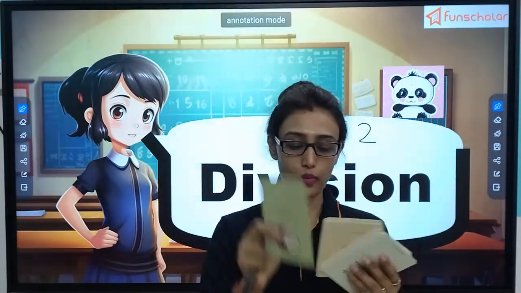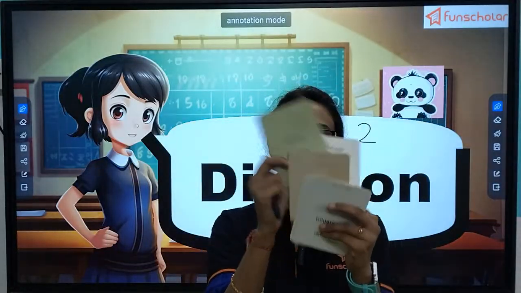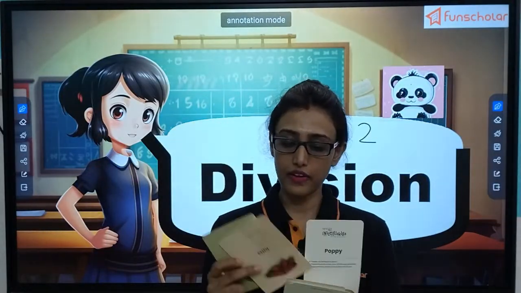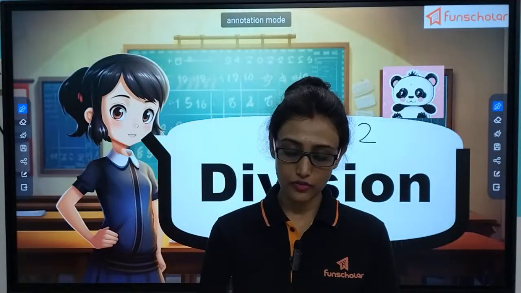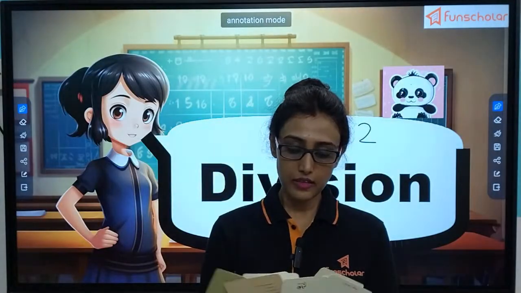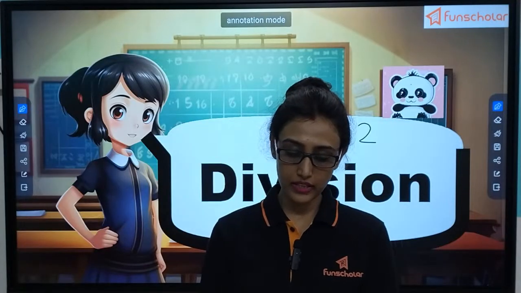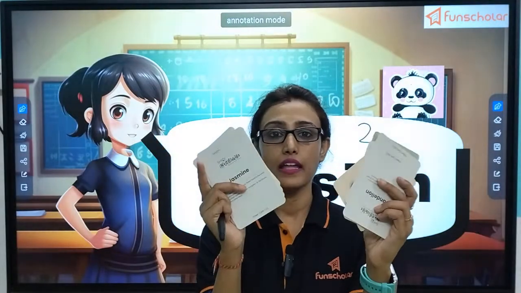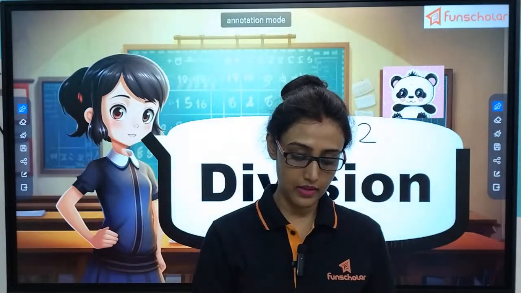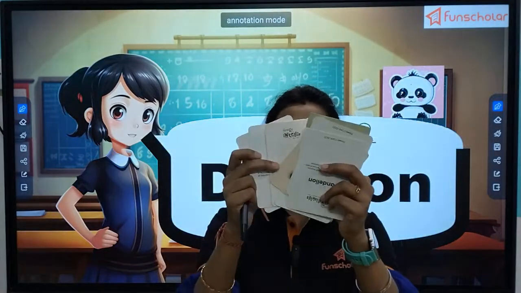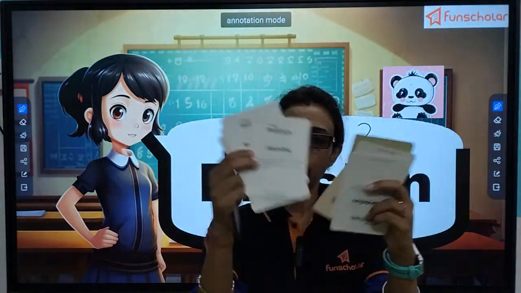So if I split it, one card for one, another card for another friend. Friend A gets another card, so friend B gets another. Similarly, after equally distributing the cards, I can see that each of my friends has 5 cards. See, 1, 2, 3, 4, 5.